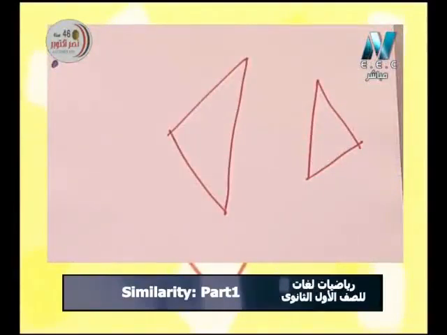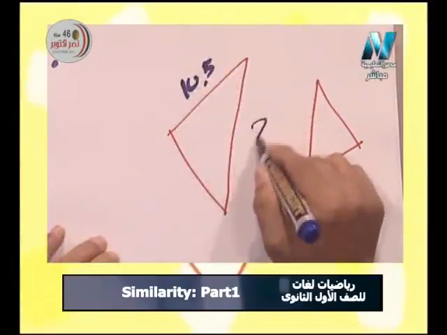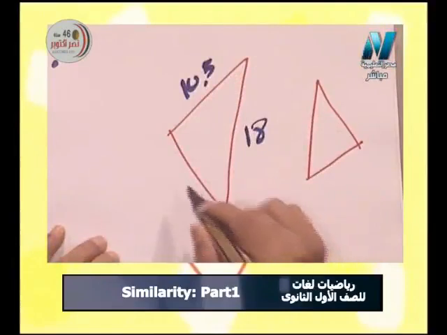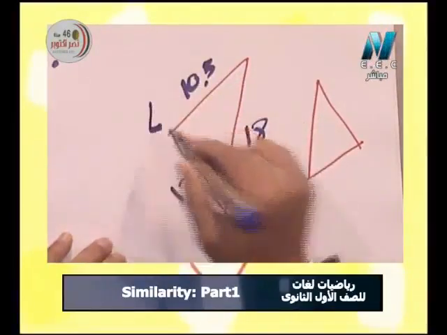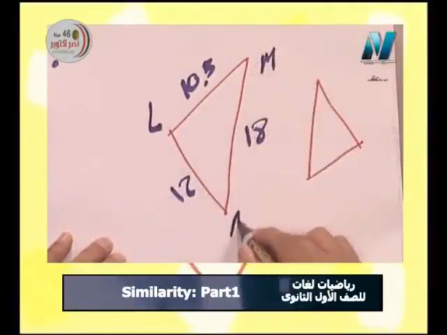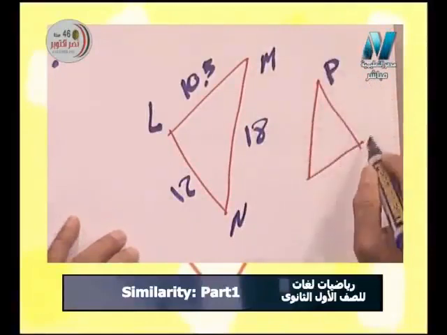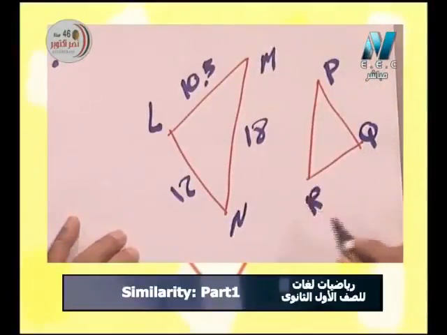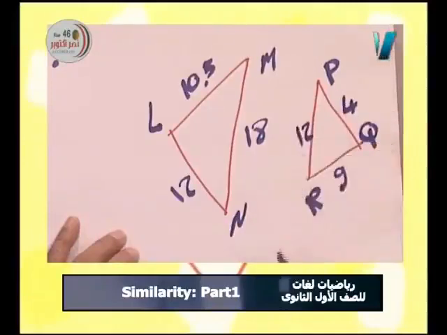The sides of triangle LMN are 10.5, 18, 12. And this triangle we called PQR has 9 centimeters here, 4 here, and 12 here.